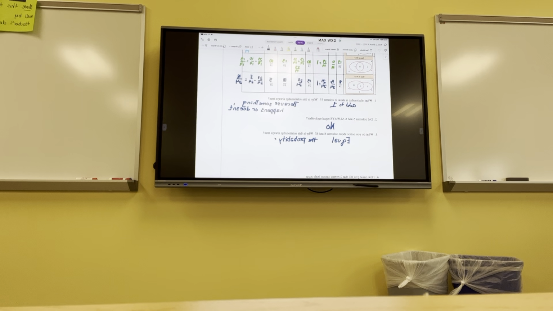Yeah. Of A includes A intersect B, and so does the probability of B. So what does this mean?